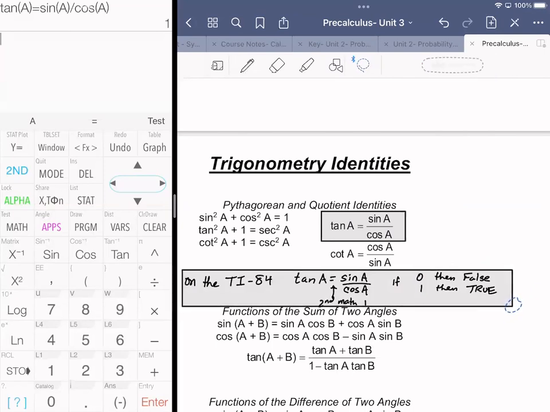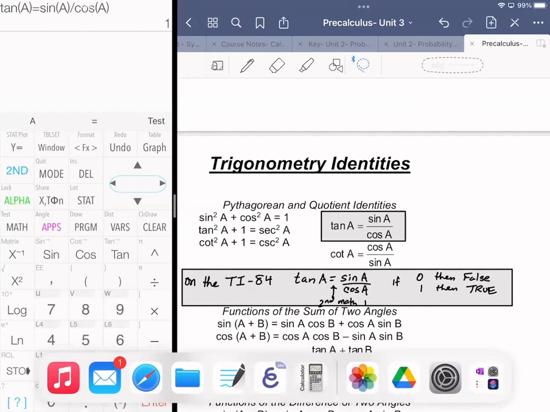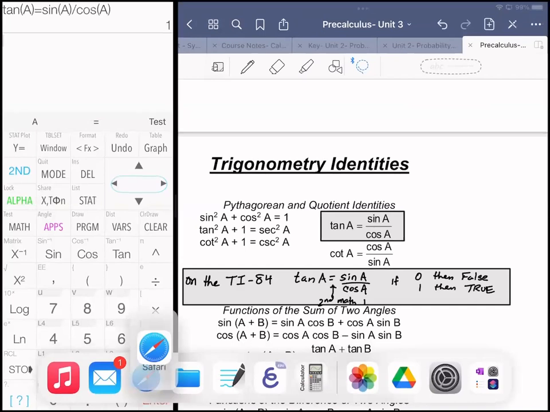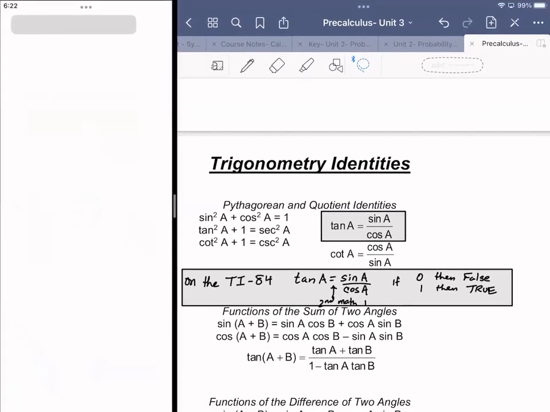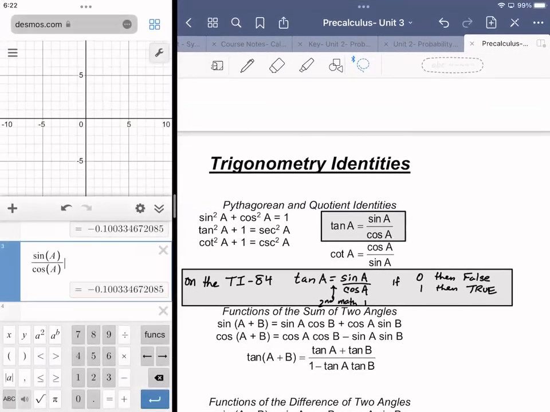You just put it in as an equation using the equal sign that comes from the test menu. And if you get a 0 as a result, it's a false sentence. If you get a 1 as a result, it's a true sentence. Right? All depending on whatever the value of A is. Right? But like I said, that goes under the category of fun fact of the day. If you're not a TI user, then it's irrelevant, but I'm trying to give a little something for everyone.